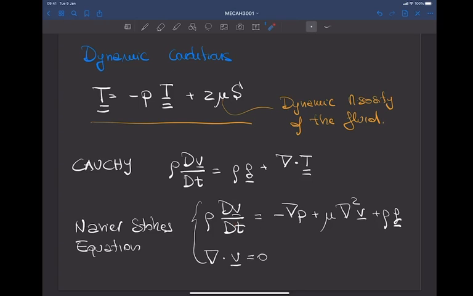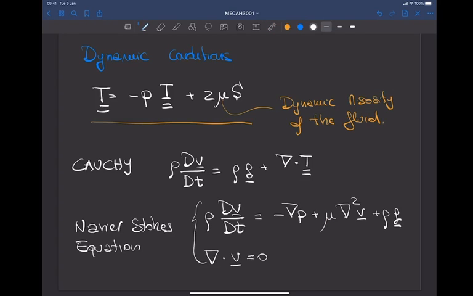So we have three Navier-Stokes equations, one continuity equation, and if you look at the problem, it is well posed because the unknowns that we have are the velocity and the pressure, while the density and the viscosity are known from constitutive relationships.